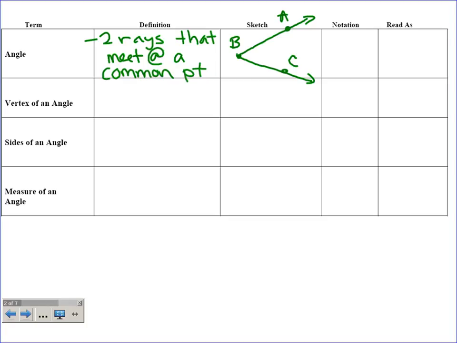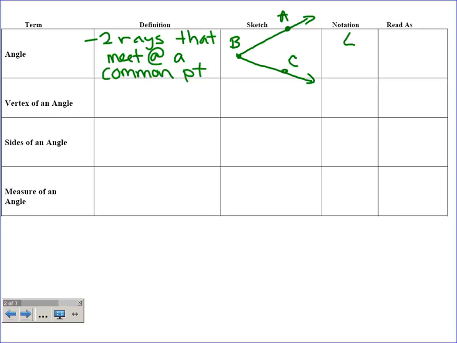This is your angle. There are a couple different ways you can write this angle, okay? Your notation. You need to talk about the angle. This is the angle right here, one fluid motion from here down to here over here. So we name the letters in this direction.